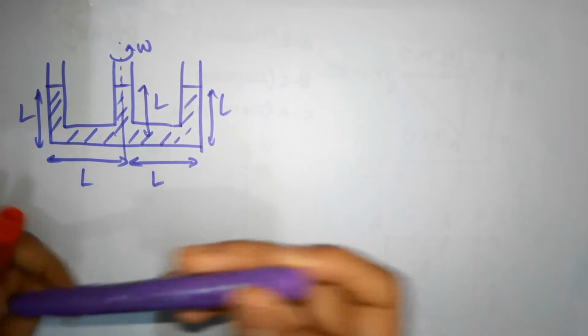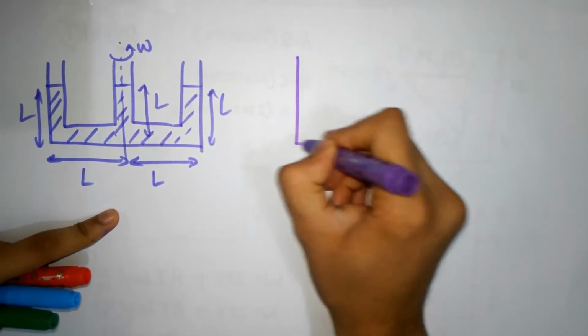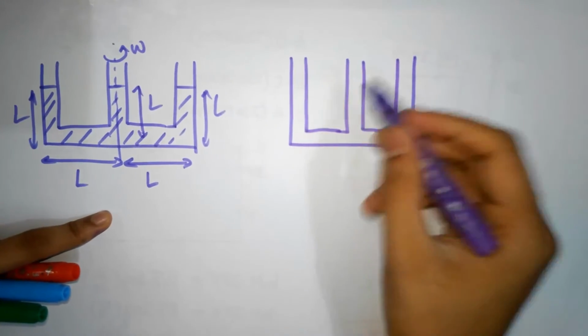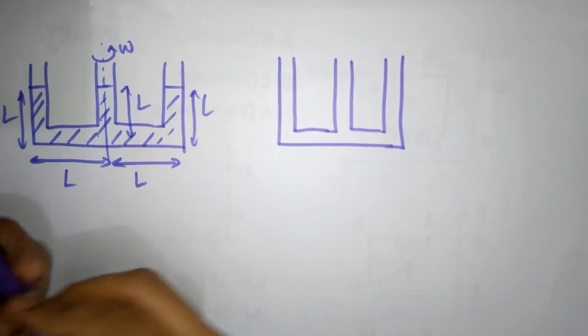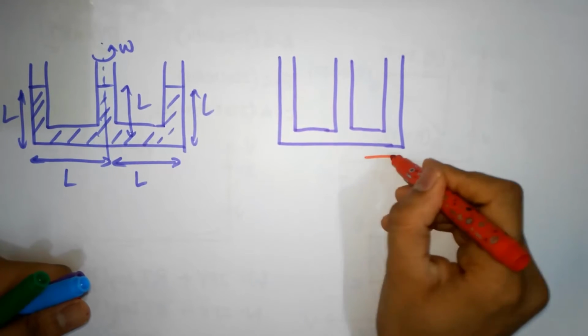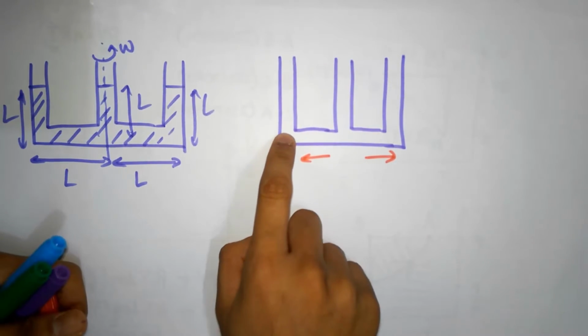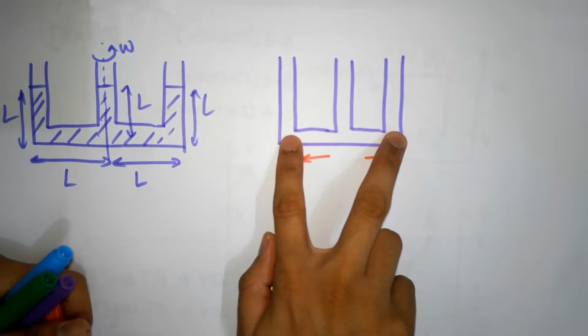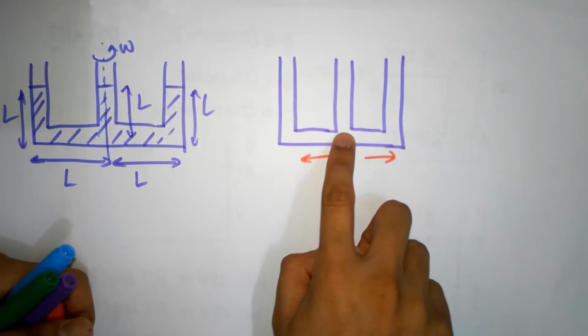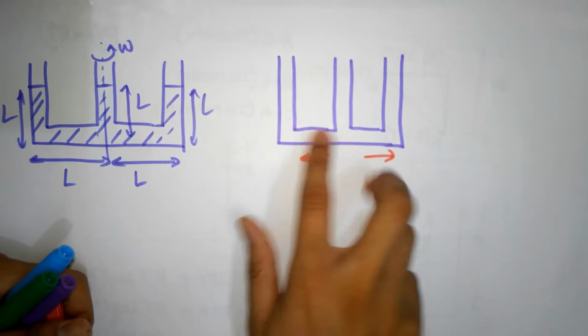So if I go back to the rotating reference frame, redraw that. Alright, so in the rotating reference frame there's going to be a centrifugal acceleration this way and a centrifugal acceleration this way. That's going to cause this point and this point to be at a higher pressure compared to this point. Higher pressure over here.